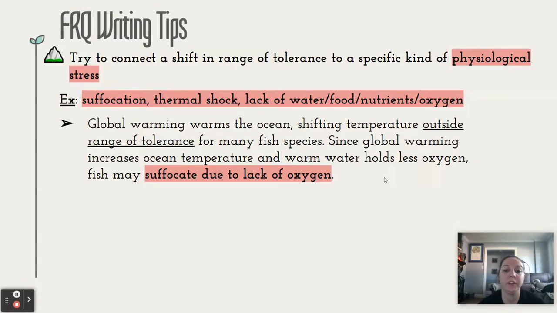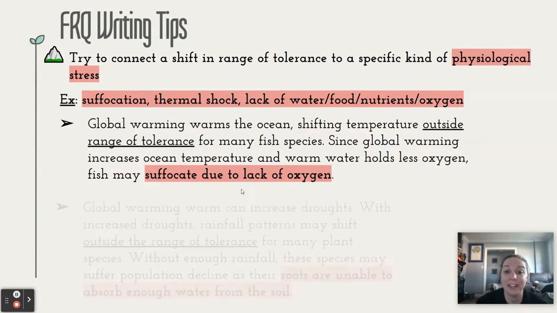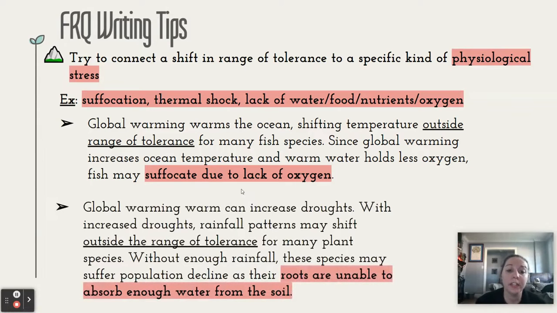Since global warming increases ocean temperatures and warm water holds less oxygen, fish may suffocate due to lack of oxygen. So you can see there in the red, we added that specific stressor that's going to cause the fish to be dying.